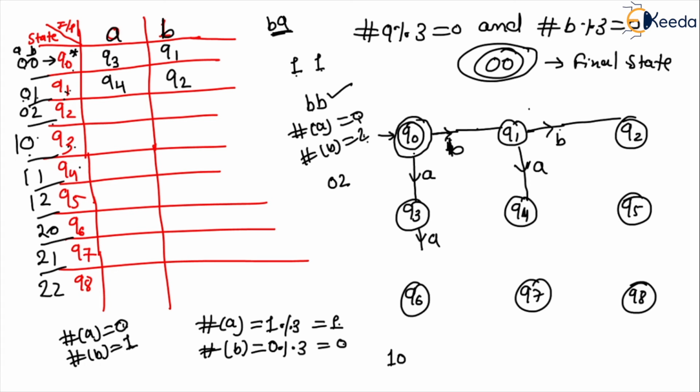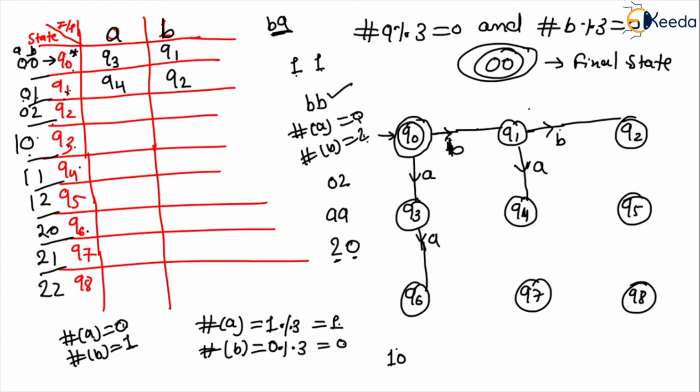The complete string from the initial state, just read out Q0 A, that is double A. The string is double A. So the number of A's in this string is 2 and the number of B's is 0. So the count of A is 2 and the count of B is 0. Both are less than 3, means it generates the remainder 2, 0. Means when you apply the input A on Q3 state, it ends on the state whose remainder is 2, 0. Which state has remainder 2, 0? That is Q6. So we go to the Q6 state.